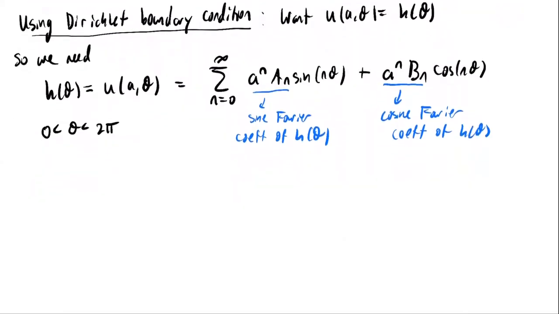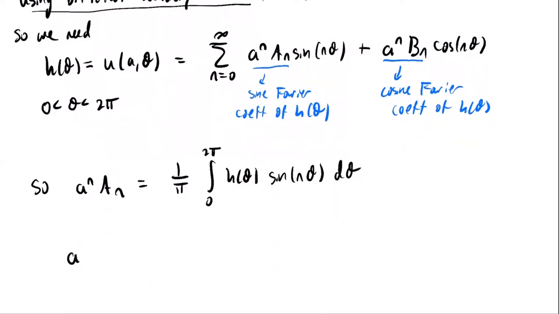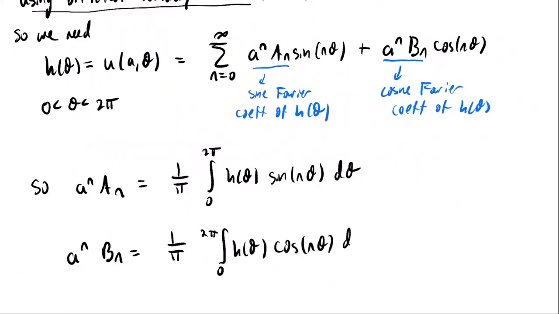And so let's just use our formulas. Therefore, we need a to the n times capital A of n to equal 1 over pi times the integral from 0 to 2 pi of h of theta times sine of n theta d theta. And likewise, a to the n times b sub n is 1 over pi times the integral from 0 to 2 pi of h of theta times cosine of n theta d theta.